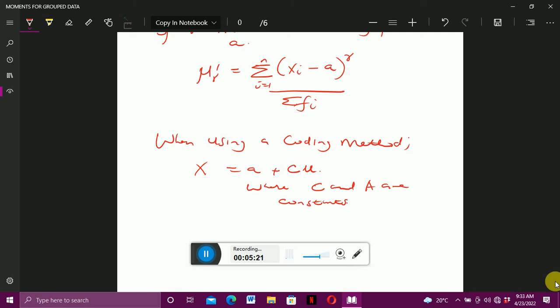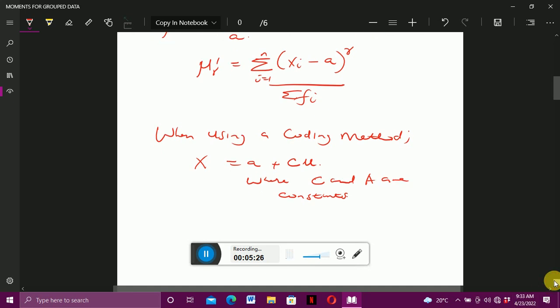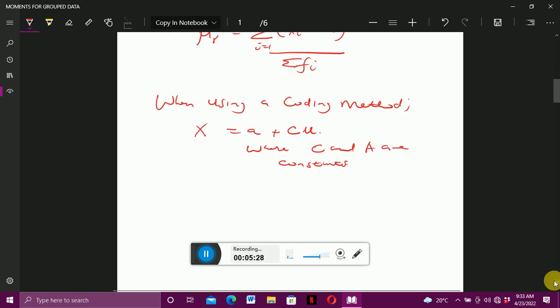So in this case, we get the rth moment about a point using the formula mu r prime is equal to c raised to power r multiplied by sum f u raised to power r, all this divided by sum of frequencies.